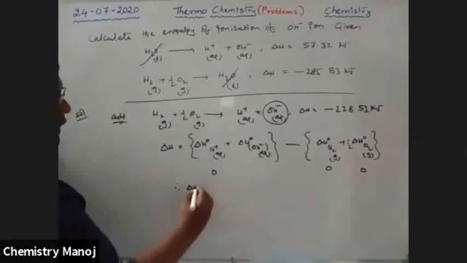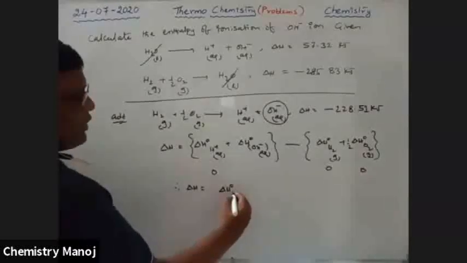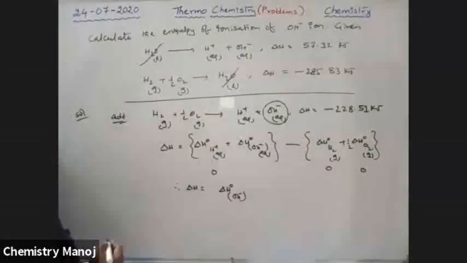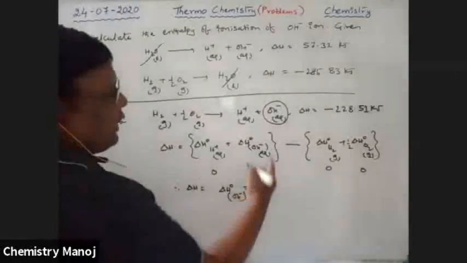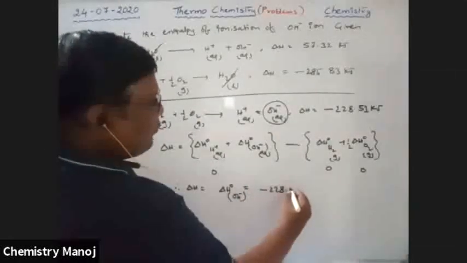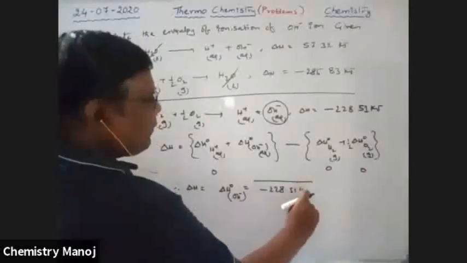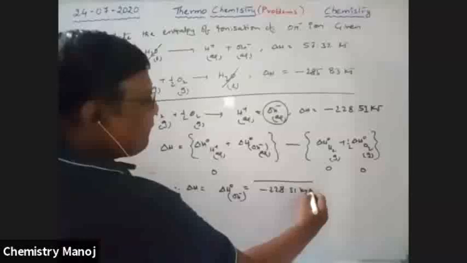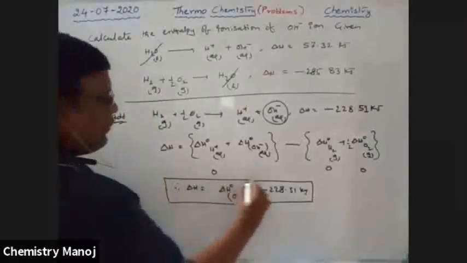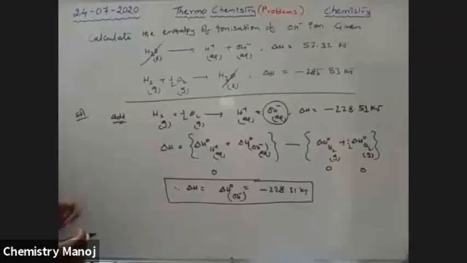Therefore, delta H is equal to delta H naught of OH minus, which is minus 228.5 kilojoules. So the enthalpy of ionization of the OH minus ion is minus 228.5 kilojoules.